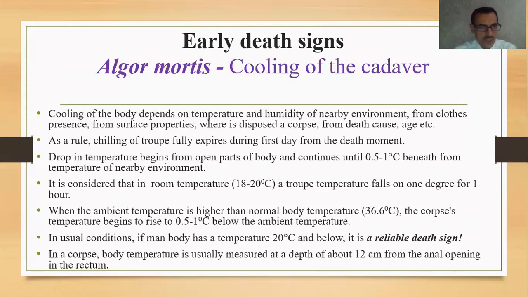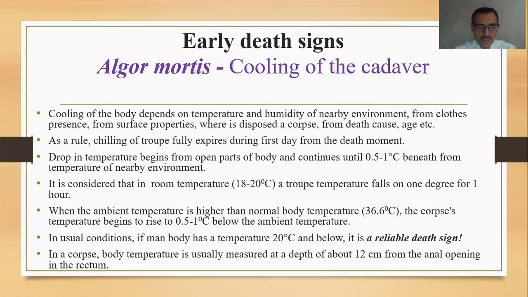As a rule, chilling of the corpse is fully experienced during the first day from the death moment. The drop in temperature begins from open parts of the body and continues until 0.5 to 1 degree Celsius beneath the temperature of the nearby environment.